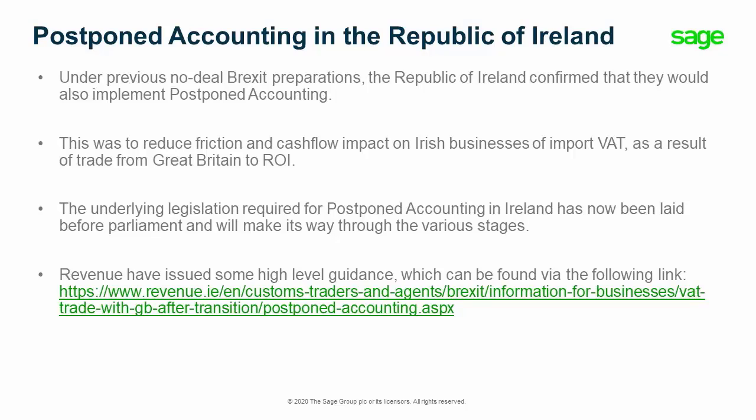Now, the underlying legislation required for postponed accounting in Ireland has now been laid before Parliament and will make its way through the various stages. Revenue have issued some high-level guidance, which hopefully provides some reassurance that it is coming and will be in place for the 1st of January, along with the required changes to the VAT3 and RTD forms. And you can find this information on the link you can see on screen.